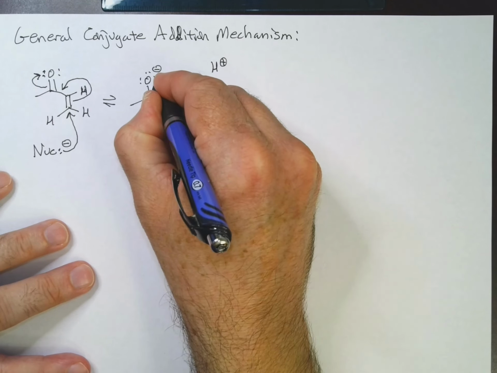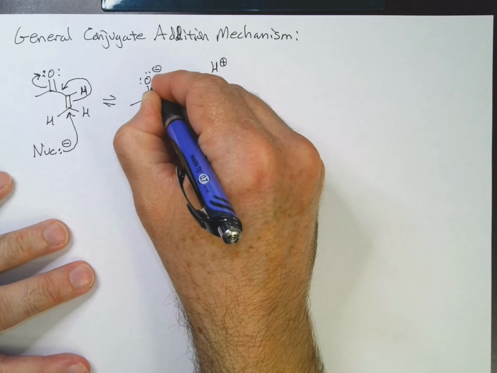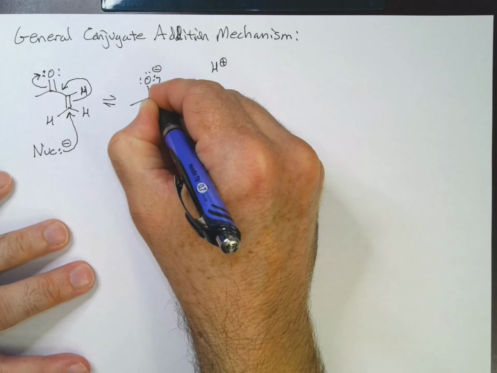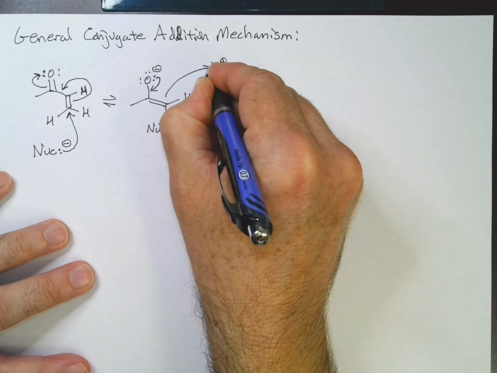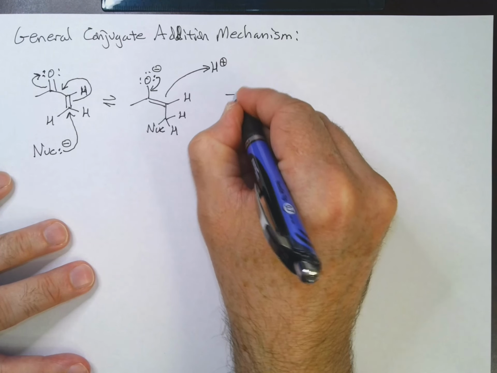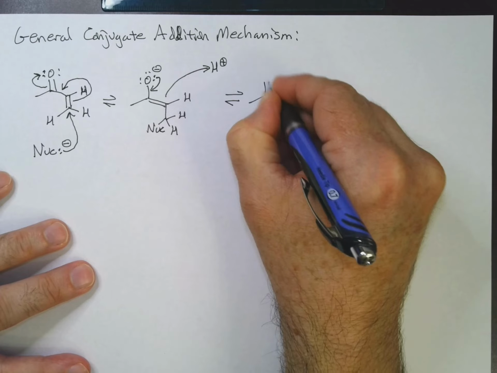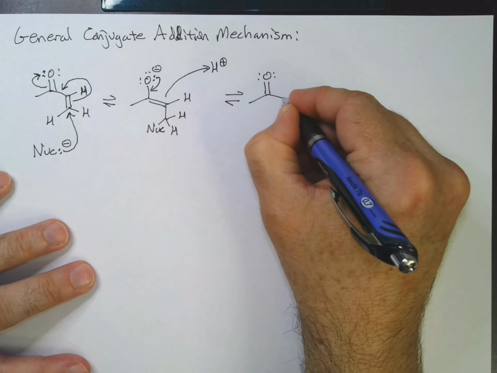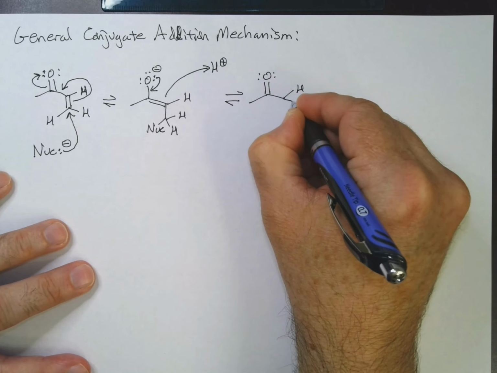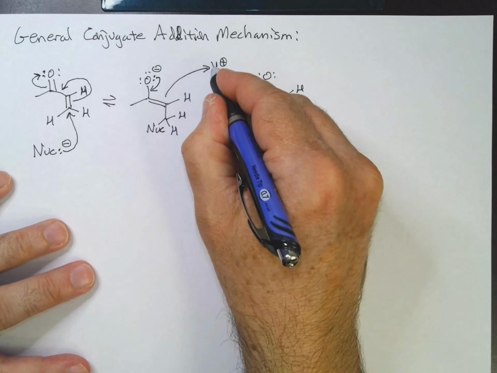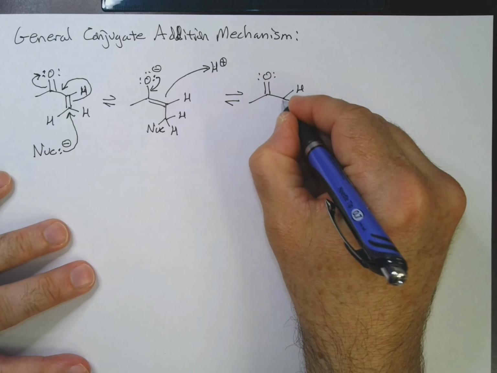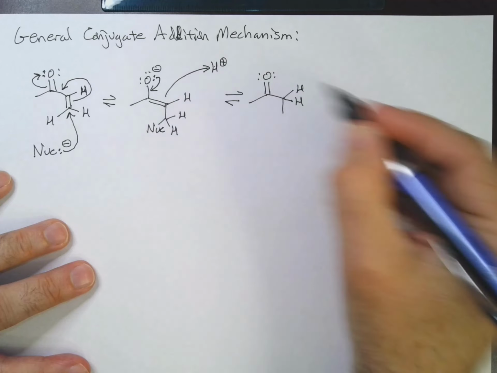And now we could protonate here, but we could also regenerate our carbonyl there. This guy will get picked up and go on that. This proton will get picked up and go on that carbon.